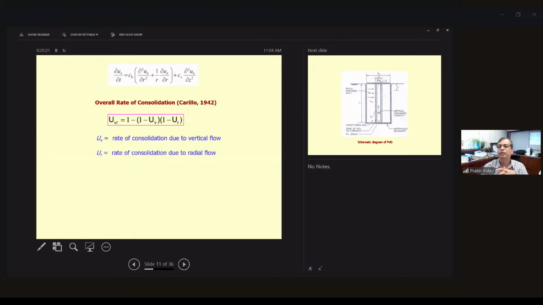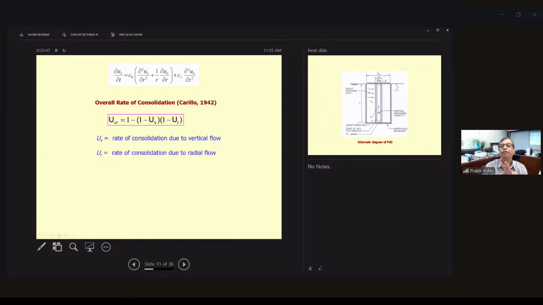Again, as I mentioned, when you consider the degree of consolidation, the overall rate of consolidation, we need to consider how much is the vertical consolidation and how much is the radial or horizontal consolidation. Normally du/dt, the change in pore water pressure with time, is equal to Cv times d²u/dz². So this is the equation.